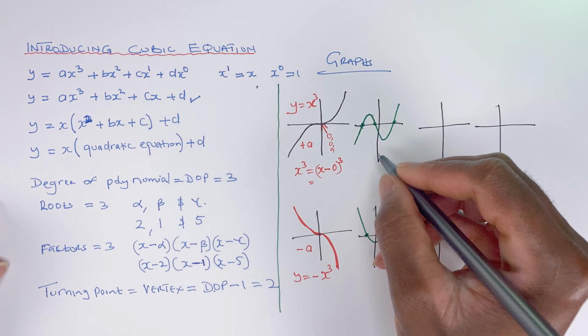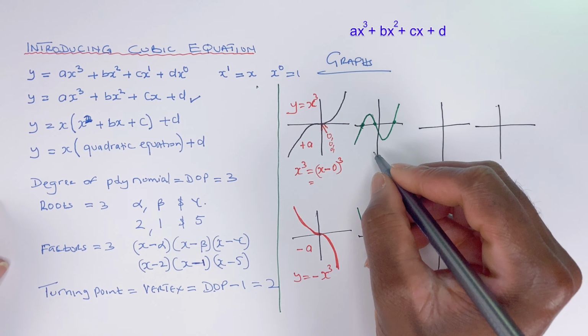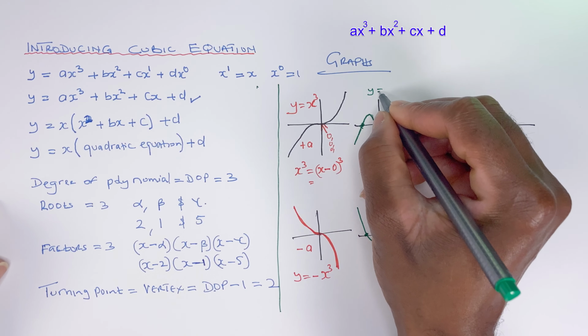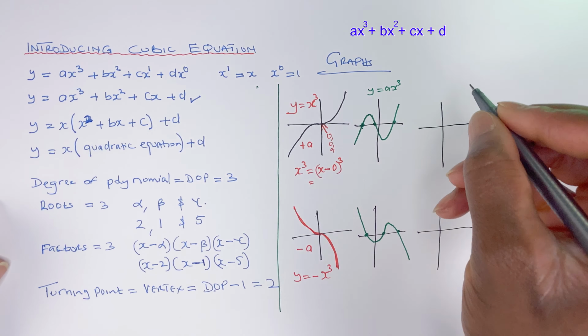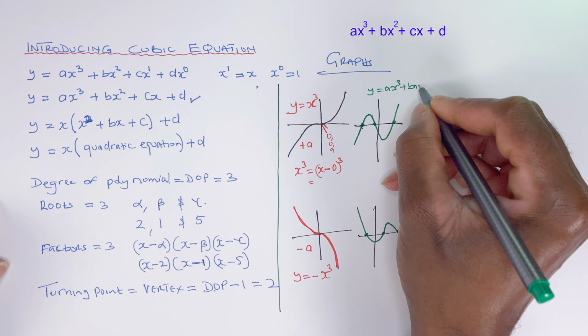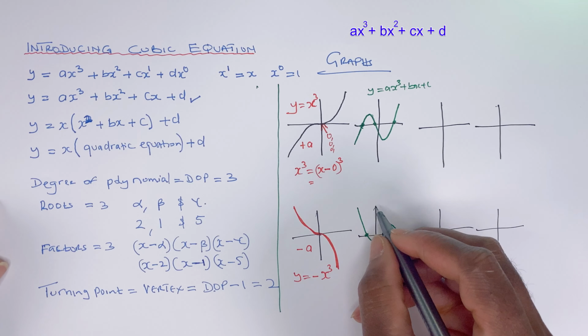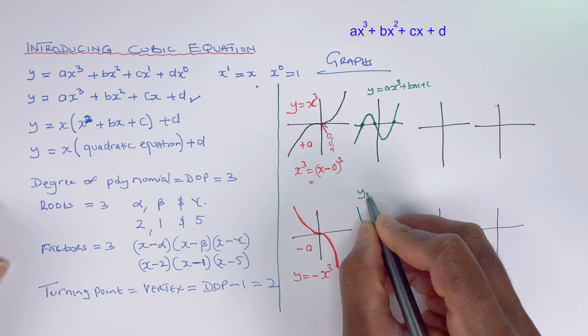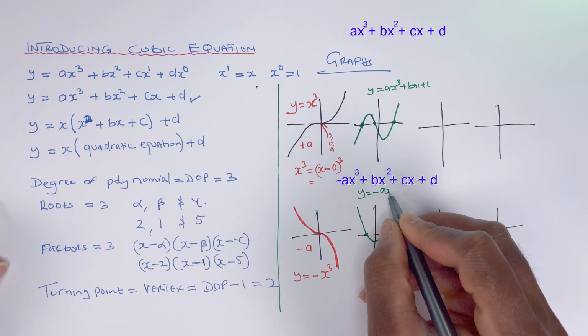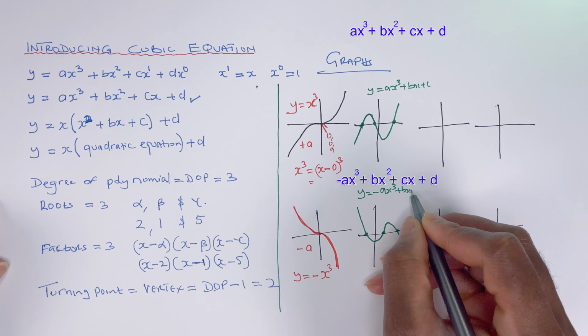It's y equals ax cubed plus bx plus c. Likewise, this one is y equals minus ax cubed plus bx plus c.